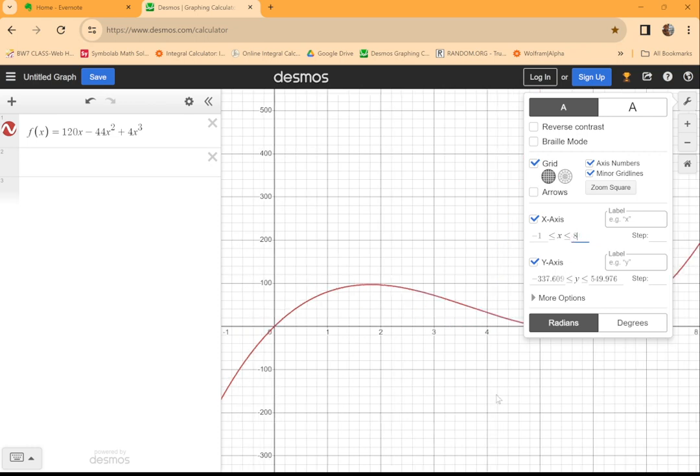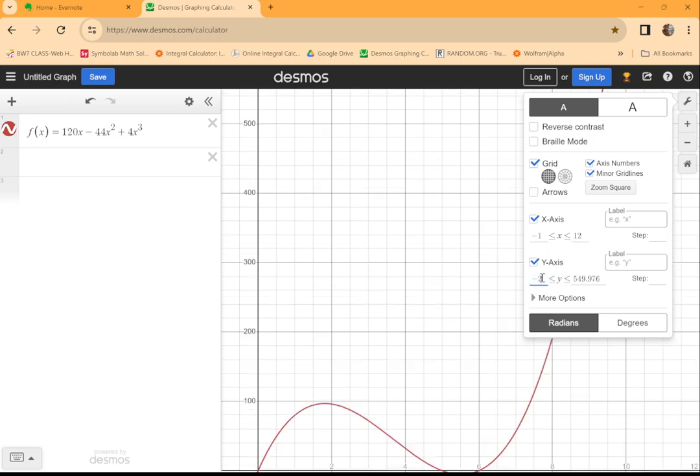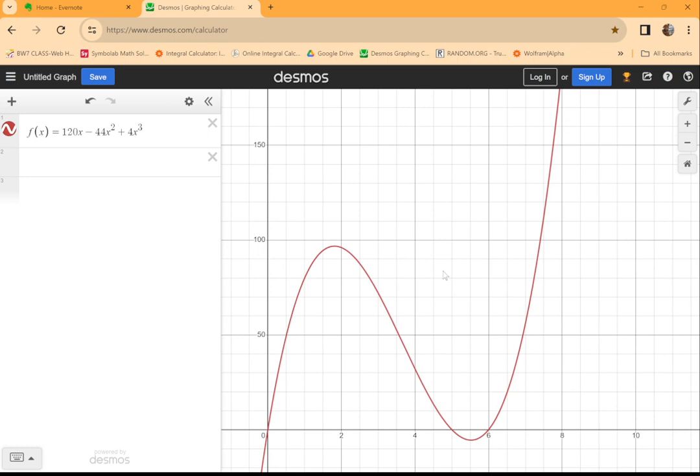And then along the y as well, just go to 2.